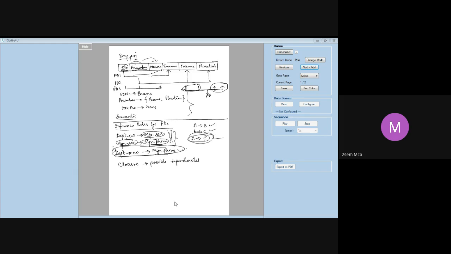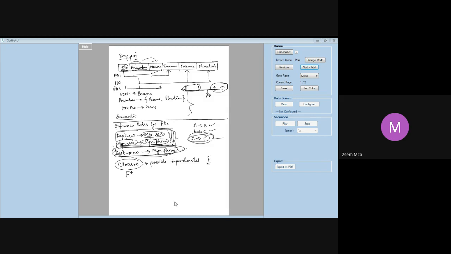Closure will include all possible dependencies that can be inferred from a given set, let us say F. The set of all dependencies that include F as well as the dependencies that can be inferred from F, we call it the closure of F. It is denoted by F plus. What is F? The set of all functional dependencies. These two will form your F, and there are several others which I can infer from F, like this one.